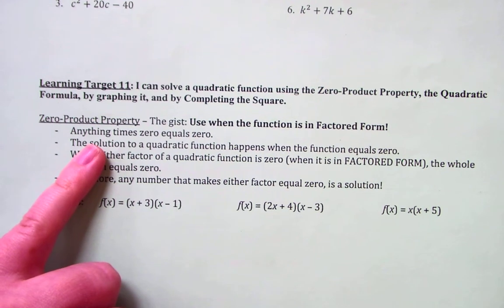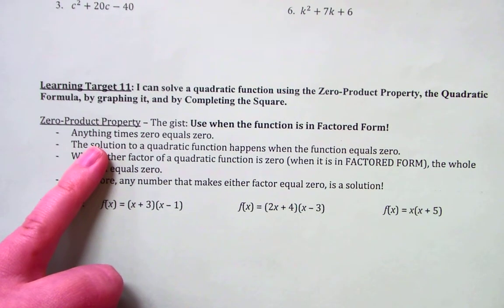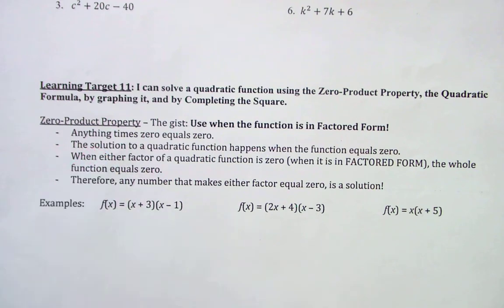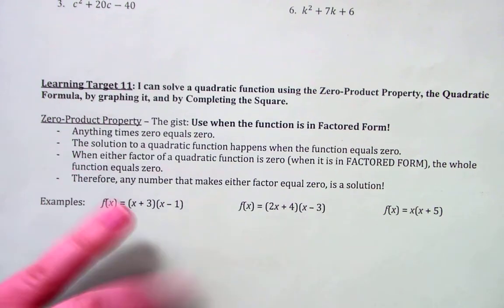The things you need to know are, first of all, that anything times 0 equals 0. We remember that from learning our multiplication facts in elementary school. We also need to know that the solution to a quadratic function happens when the function equals 0, when y is 0 or f of x is 0.